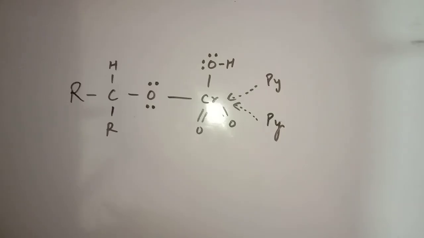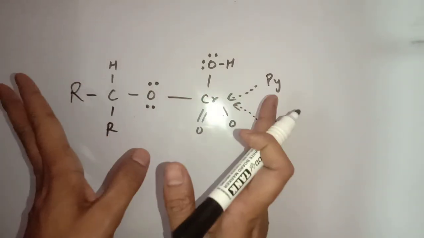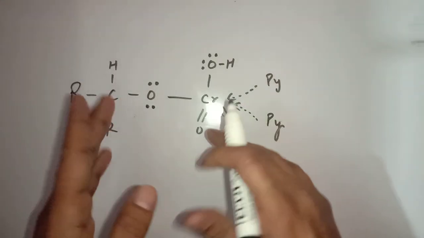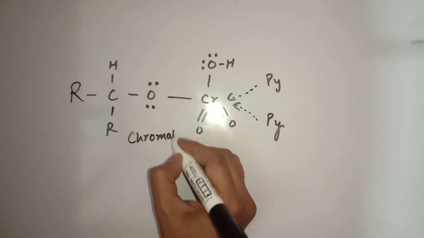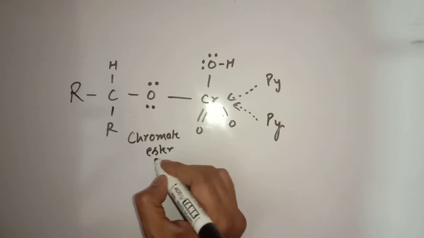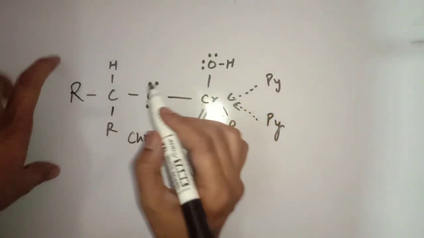This one. So here again, I have directly written this. Please try the whole mechanism by yourself. You will get this chromate ester. Up to here same like 1 degree alcohol. Only the change will be here.